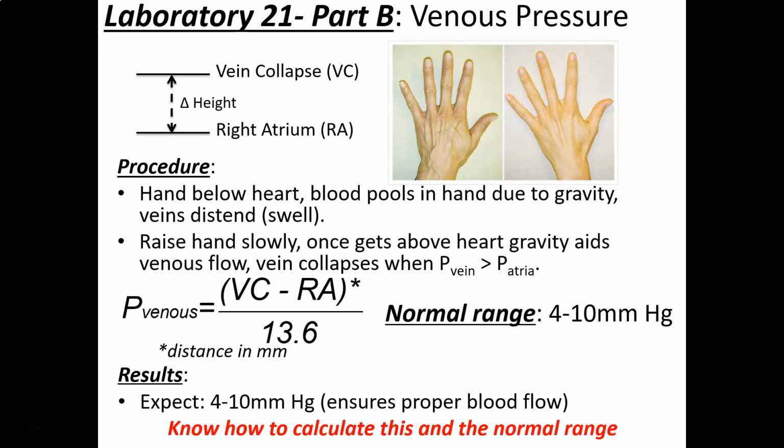We divide by 13.6 because we normally measure pressures physiologically in millimeters of mercury. Occasionally we measure them, especially for some respiratory values, in centimeters of water, but usually it's millimeters of mercury.